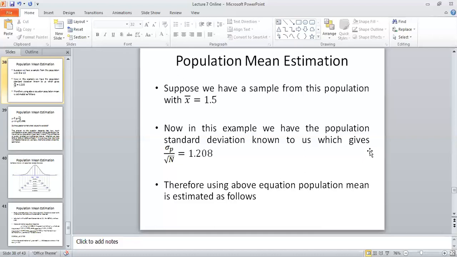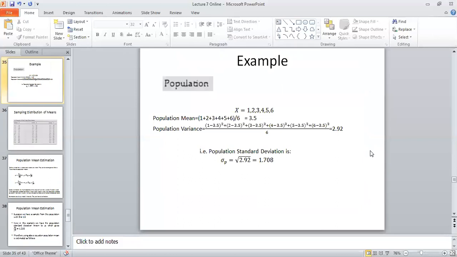If there is any problem in understanding how we reach this value, you can refer to the lectures on the CLT, or I have shown a little calculation here as well. So this was the population. The population mean was 3.5, the population variance is 2.92, and the population standard deviation is 1.708.